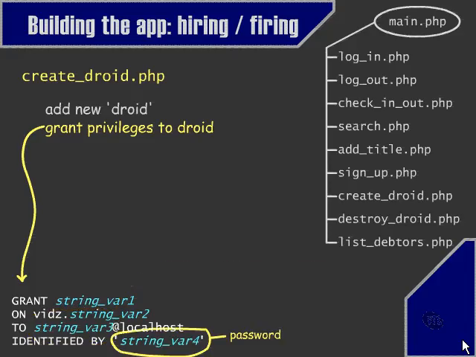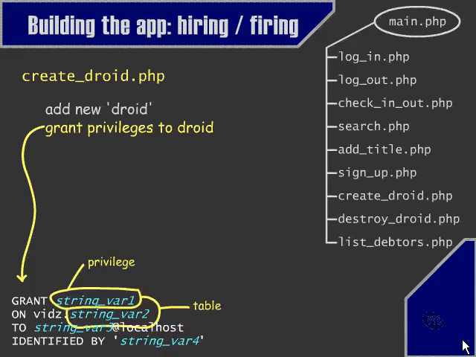This is the employee's password, which they can either choose themselves or can be given to them by the boss. And these two variables stand in for the particular privilege level that we're going to grant the employee and the table on which we're going to grant that privilege.